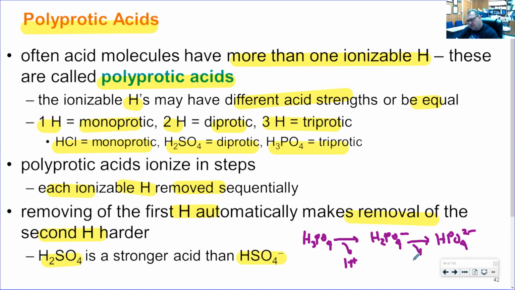Every time I lose a proton off, this becomes a weaker and weaker acid. With the case of the phosphoric acid system, the difference in magnitude is about 10 to the third. So this proton is about 1,000 times stronger than this proton. And if I lose the third proton off to form the fully deprotonated PO4 3 minus, the phosphate ion, it's the weakest of all of them.